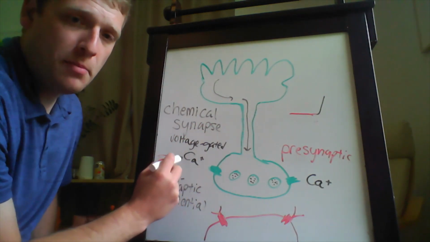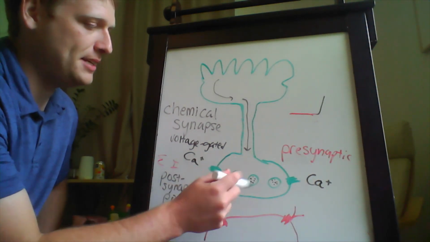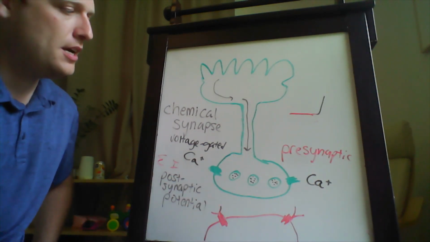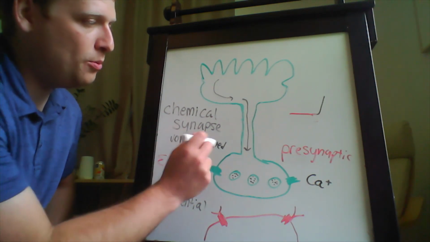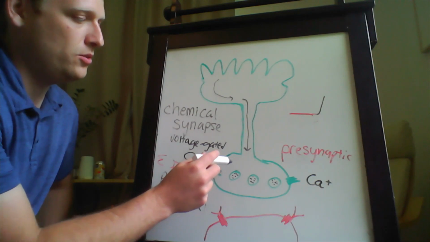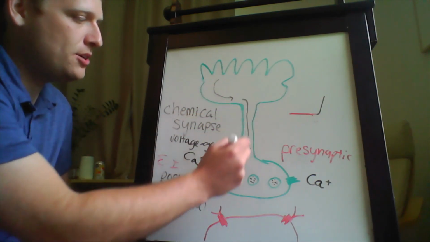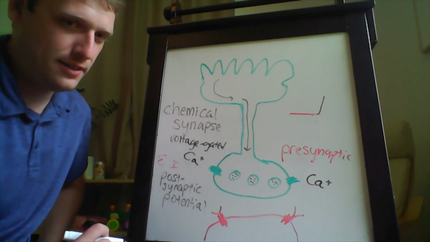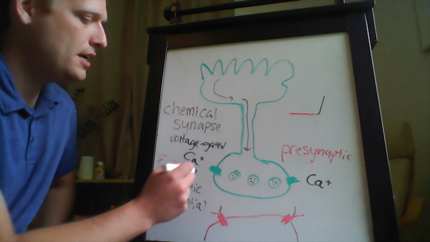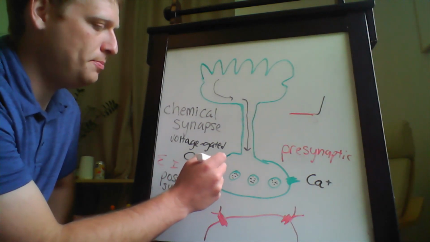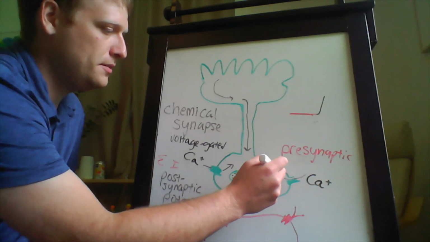So there's calcium ions flowing around outside the synaptic terminal. And these voltage-gated calcium channels will open in response to an increase in the voltage here at the terminal. So an action potential is going to bring that increase in voltage. So the voltage increases here. That causes calcium channels to open, and calcium flows into the cell.